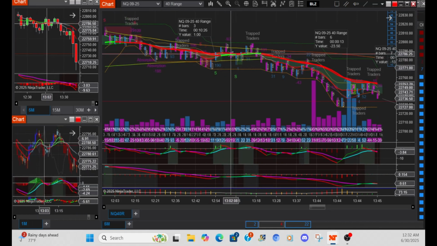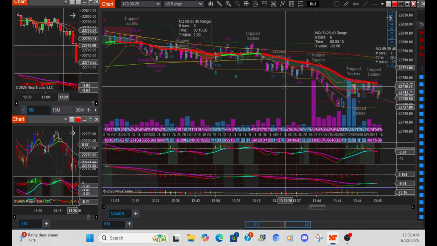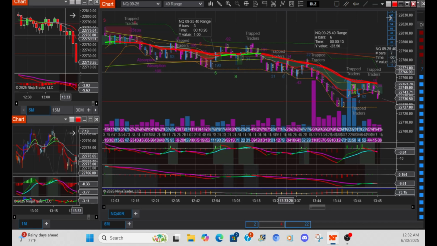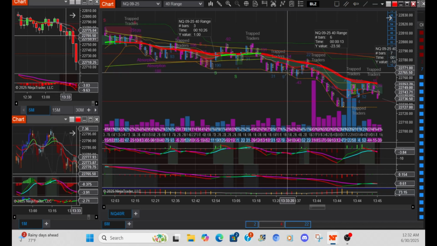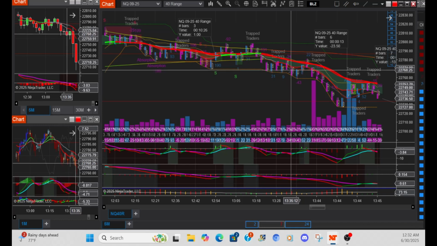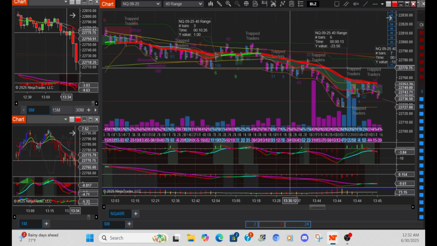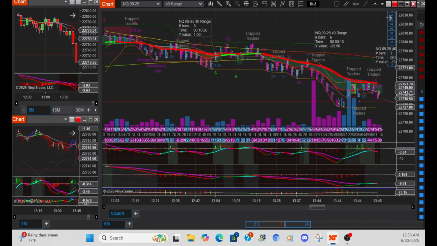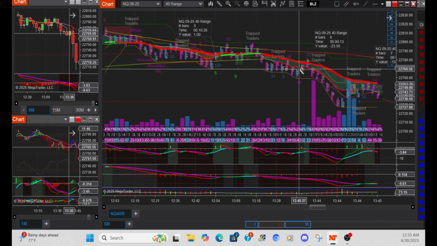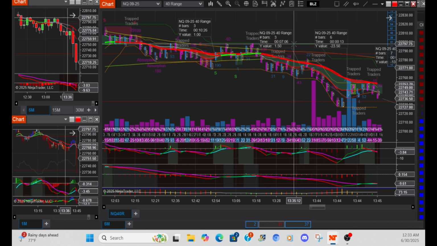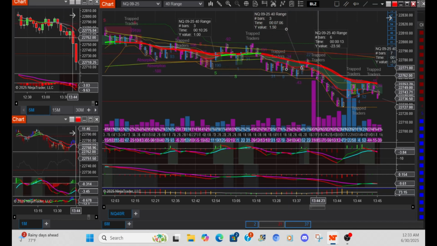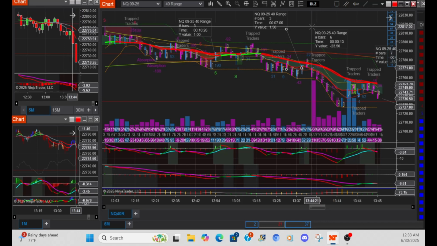But let's see, this here would have been an entry. This would have been a red right there. And this here, once it crossed down right here, had a good trade there.